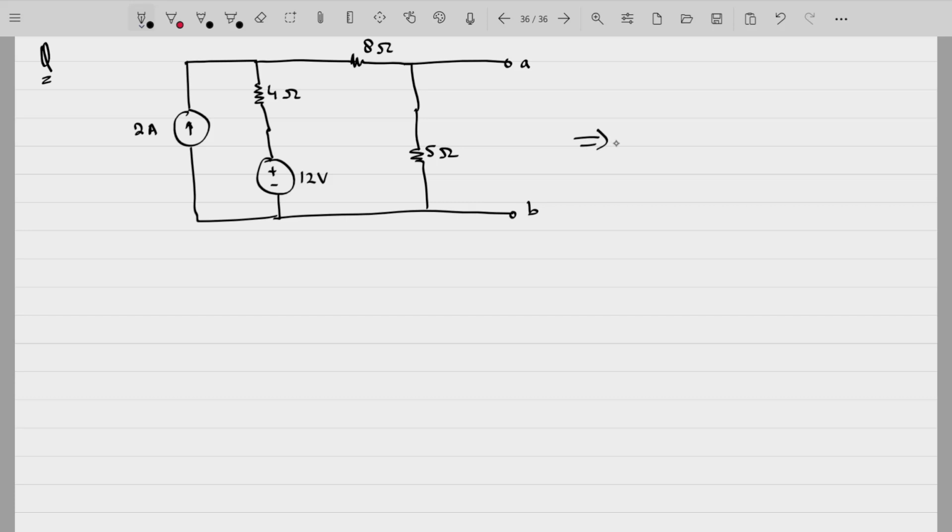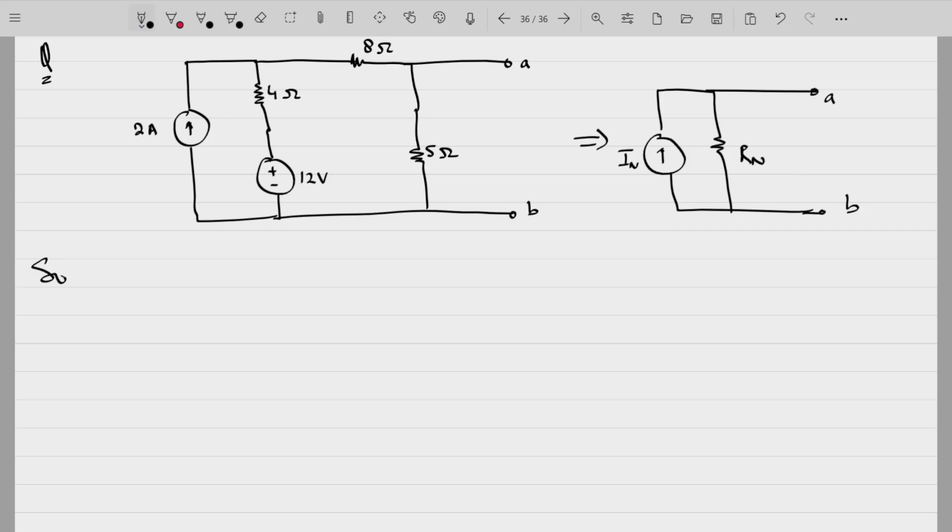That means you have to convert this into this form: IN, RN, across AB. Fine. So first of all, find Rn. To find Rn, we have to turn off all the independent sources. Turning off independent sources means the current source becomes open, the voltage source becomes short. That means this end is open.